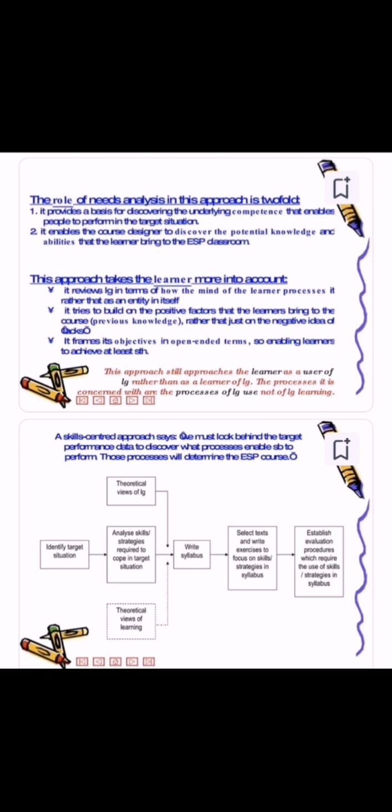It frames its objectives in open-ended terms, so enabling learners to achieve at least some skills. Skill-centered approaches must look behind the target performance data to discover what enables people to perform; those competences will determine the ESP course.